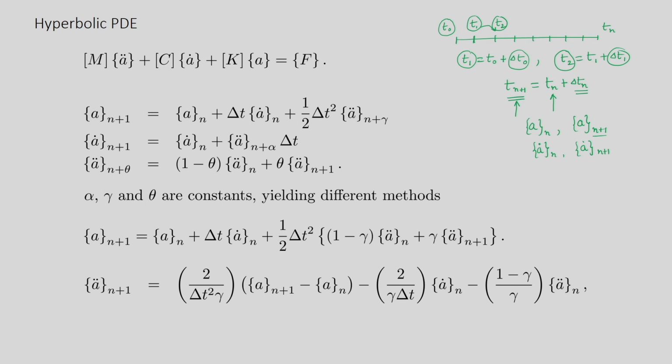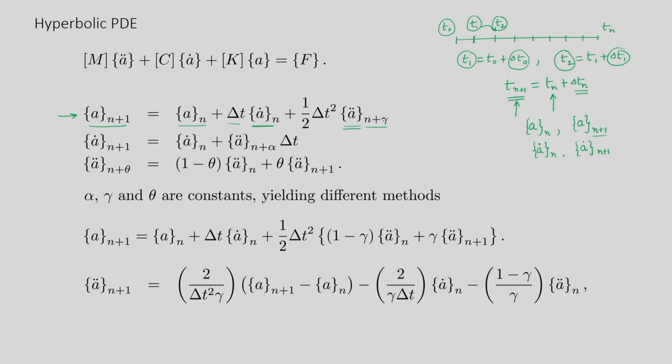As you see here in the first expression, we have written displacement at time instant n plus 1 as the displacement at nth instant plus delta t into velocity at time instant n plus delta t square by 2 into acceleration at n plus gamma.